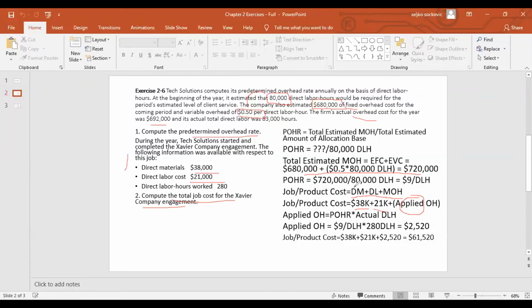Step 2 is to find our POHR. We will divide it by those same 80,000 because that's the estimated number of direct labor hours. 720 divided by 80 gives us a POHR of 9. So that's our step 2. Step 3 is to multiply this POHR to get our applied overhead.